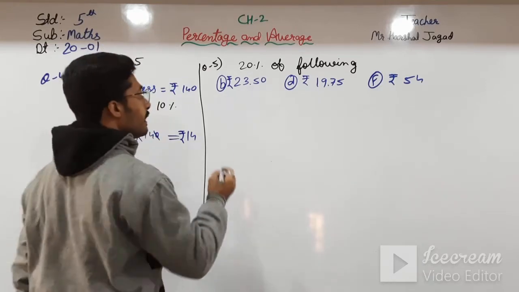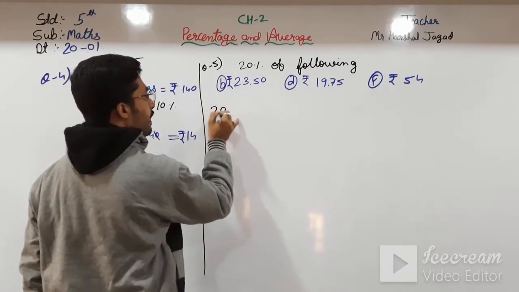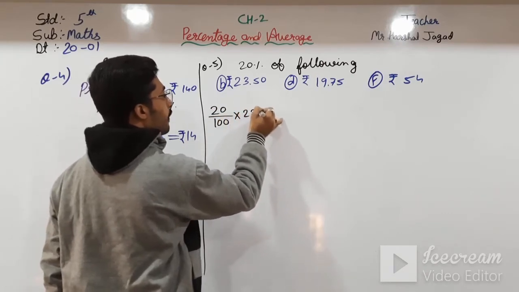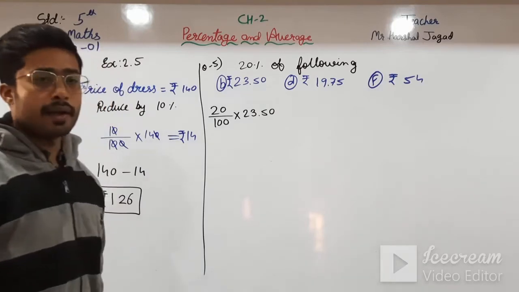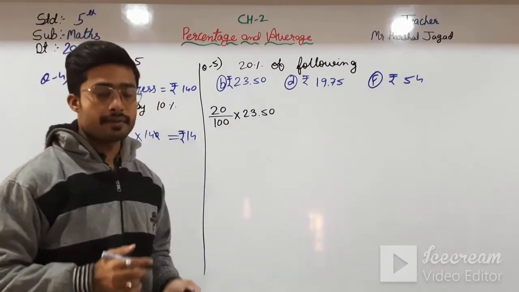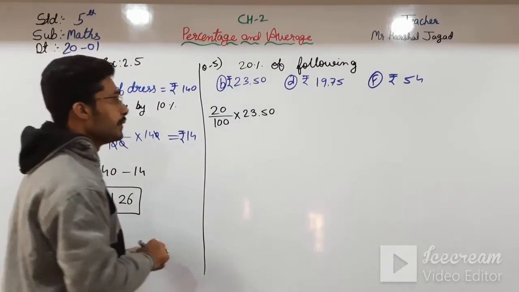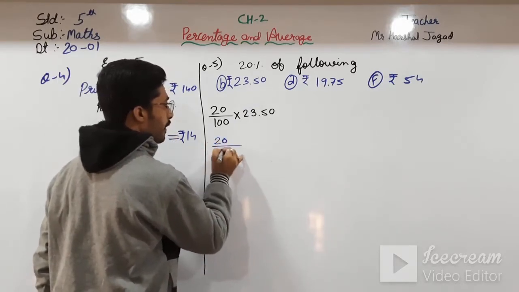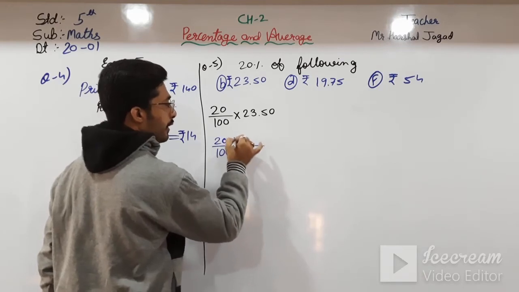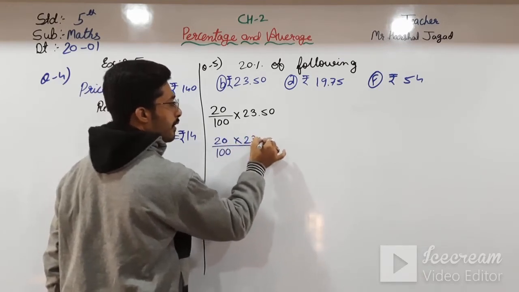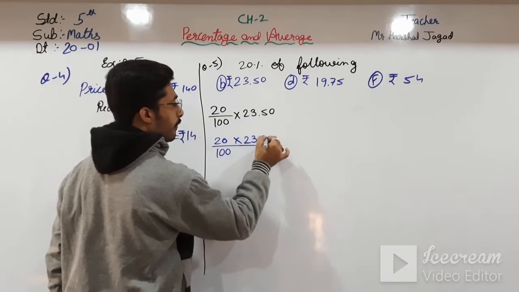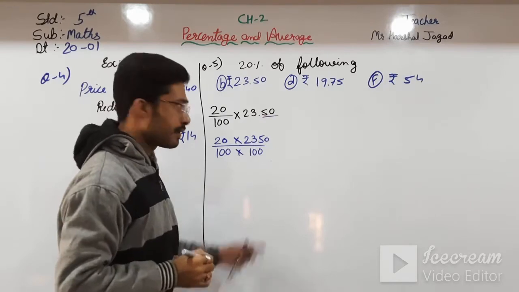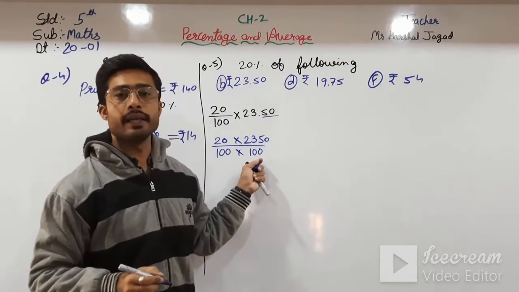So what will be the 20%? That is 20 upon 100 into 23.50. How can we cut this? Here we will do 20 upon 100 into 2350, and since there are 2 decimal places, the division will be by 100.